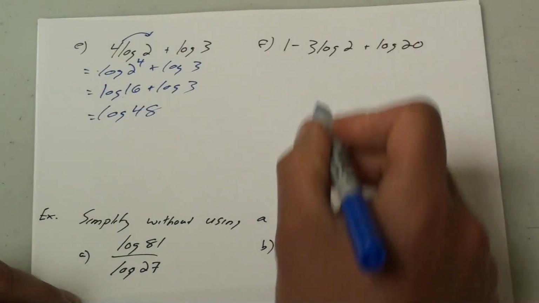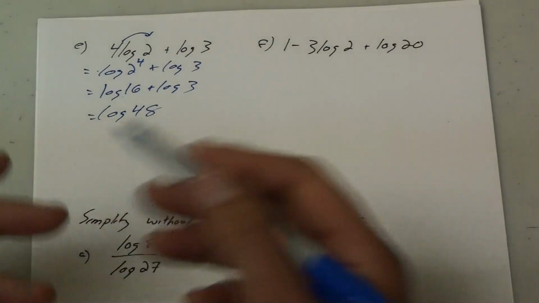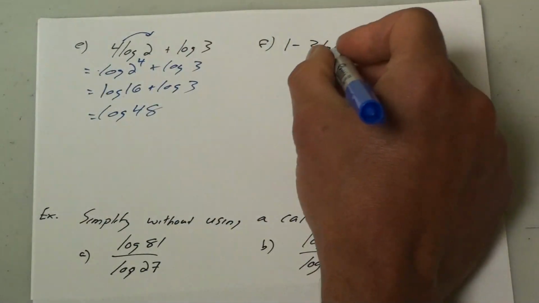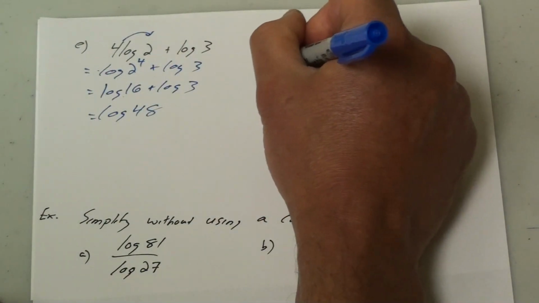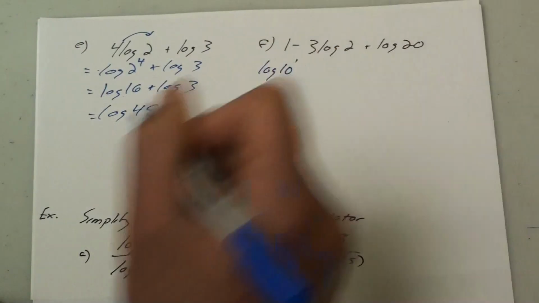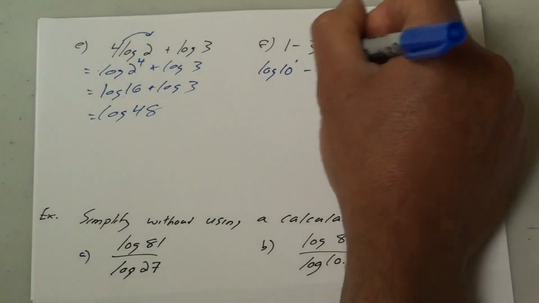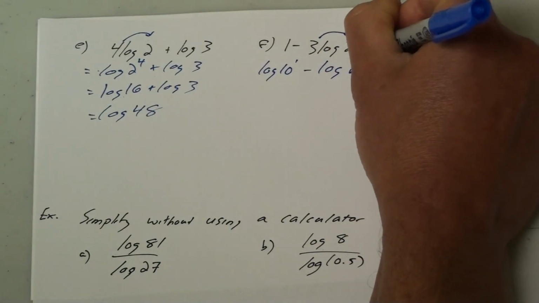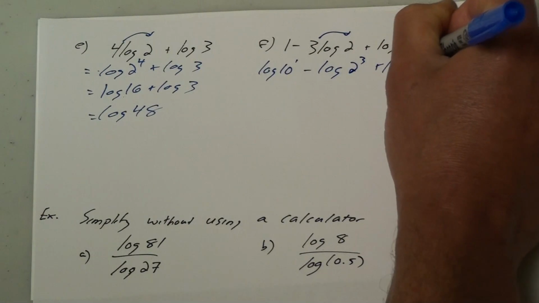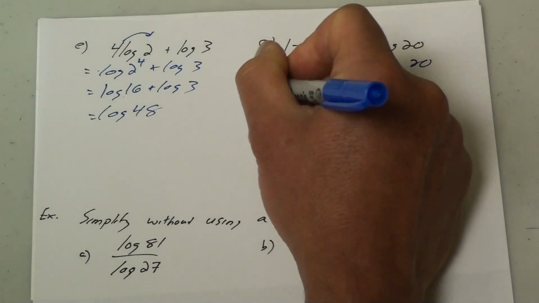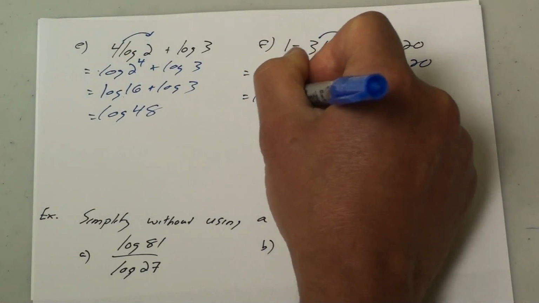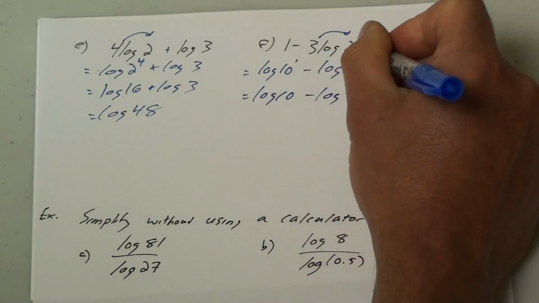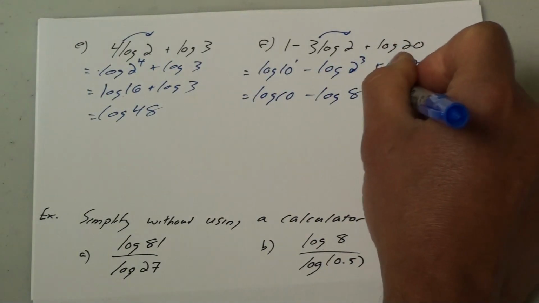Again, I have a whole number in front. I don't want a whole number, I want it as a logarithm. Now it's a whole number of 1, so these are all base 10. So that becomes log of 10 to the 1, which is just 10. Minus log 2, bring this up to become an exponent. It's log 20. So I have log 10, which is my whole number turned into a logarithm, minus log 2 exponent 3 is 8, plus log 20.